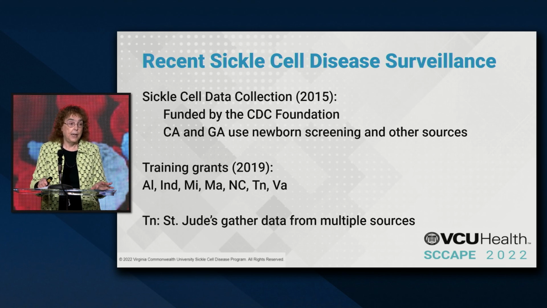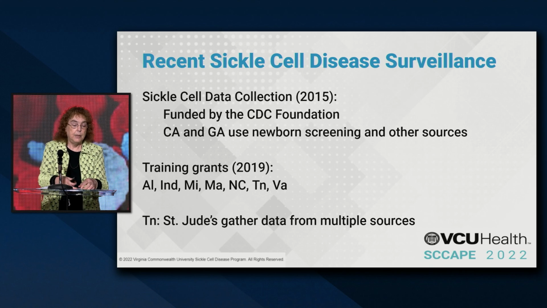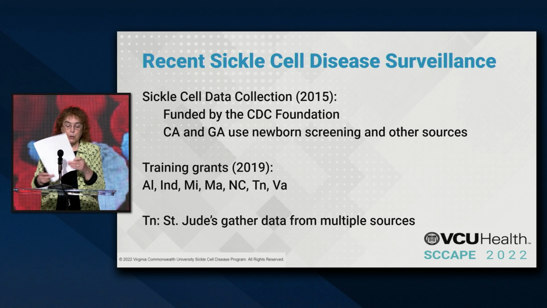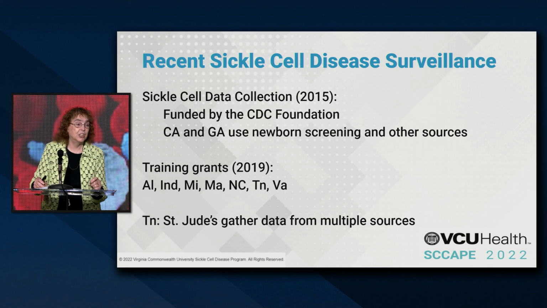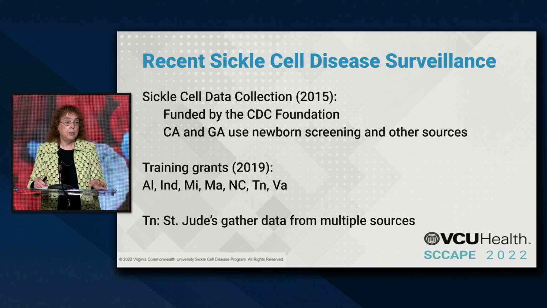And then recently in 2019, and Virginia is one of those states, a couple other states came on board, and those states at this point are not primary data collection systems, but they're really training states on how to go about doing this, okay? So we hope that there's some hope on the horizon.